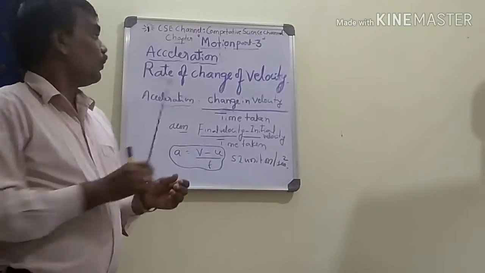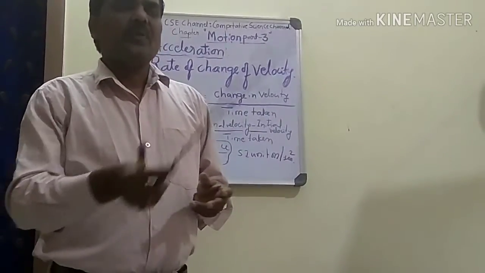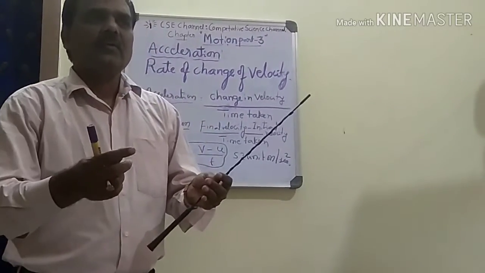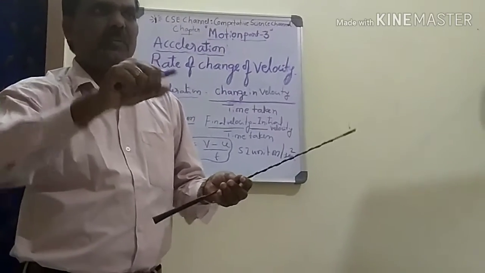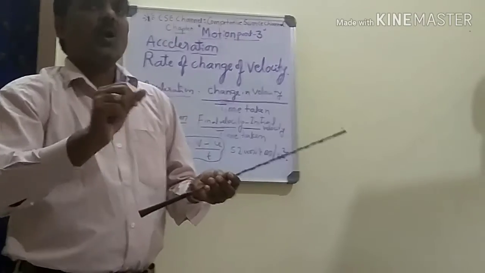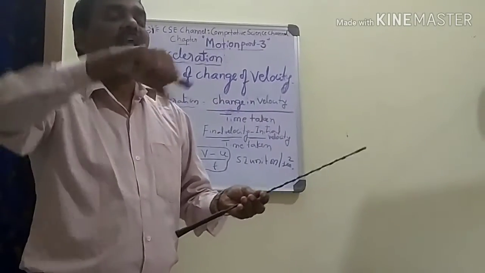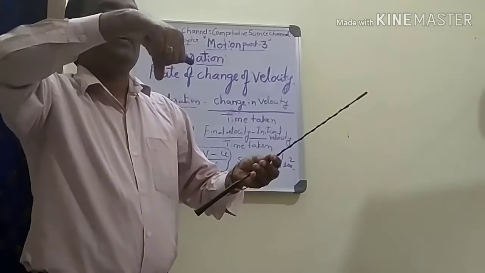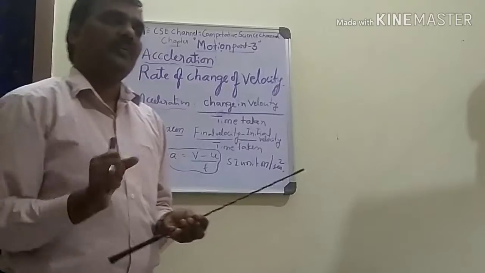Today we are going to discuss acceleration. You have seen in the bike, people are giving accelerator, meaning acceleration. But commonly we use the word accelerator. It is called an accelerator, meaning we increase the velocity or we decrease the velocity.